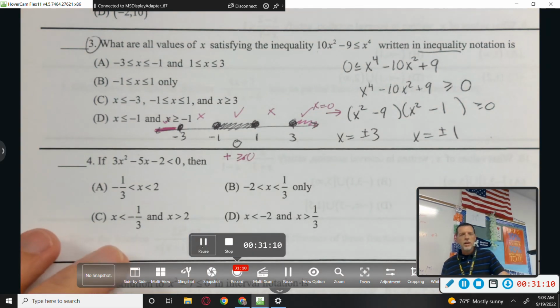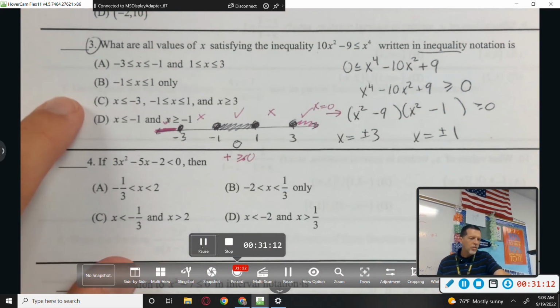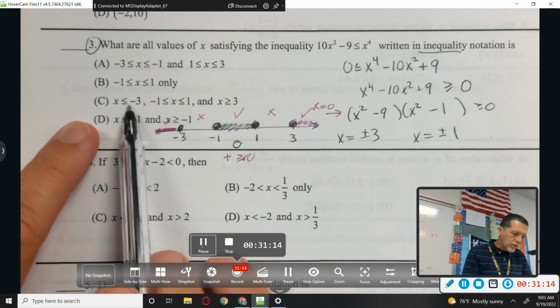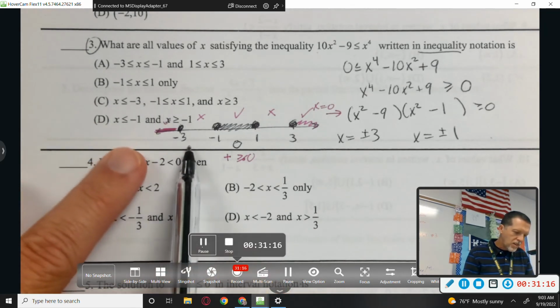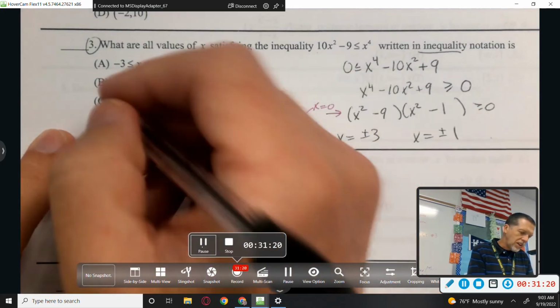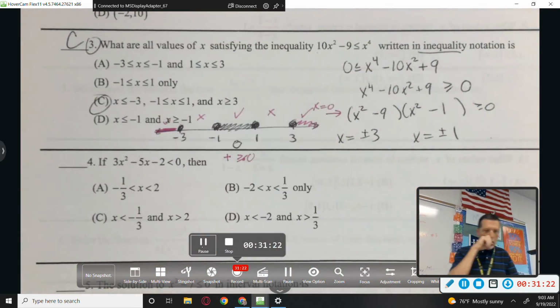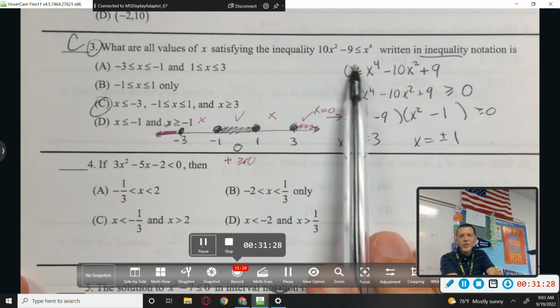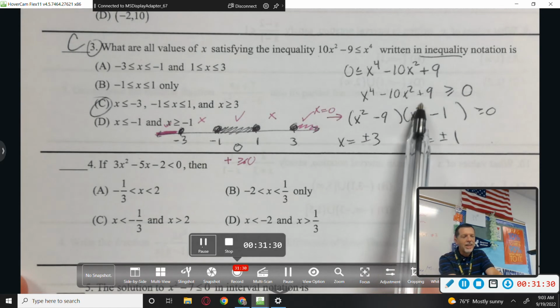And then I just look at my answer choices and see which one matches. And it looks like C matches. The main point of that one was it's set up a little bit weird, and you have to be careful getting it to sort of normal before you work the rest of the problem.